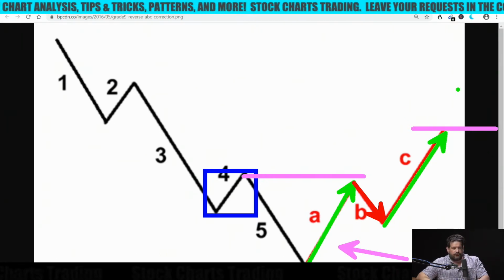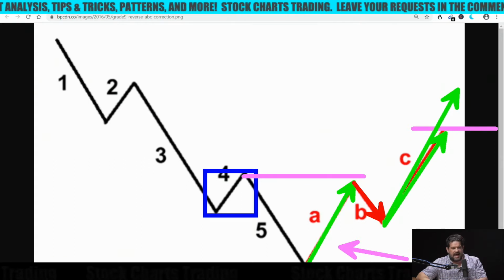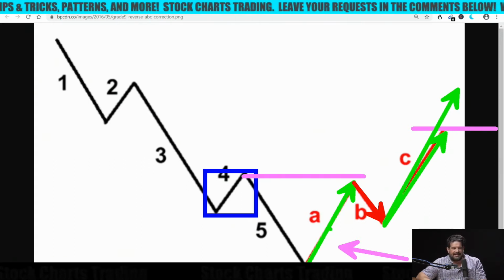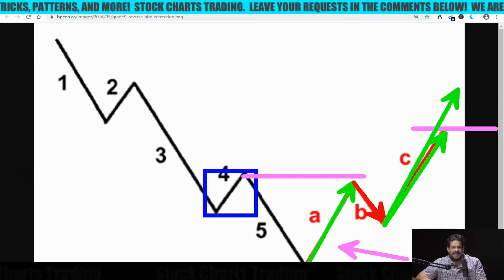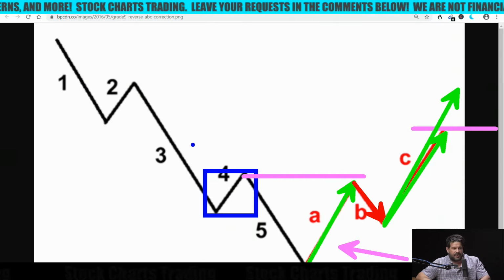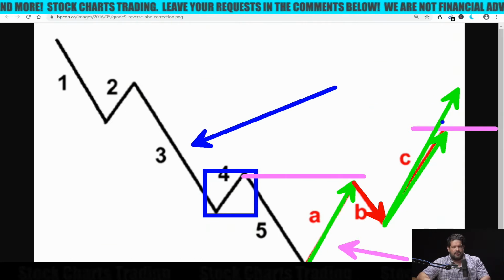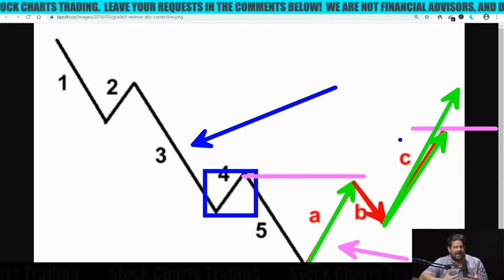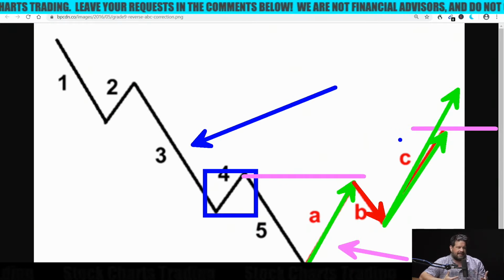If price goes higher and does not stop at that resistance line, which is made from the A leg duplicating up for the C leg, then what do you have? You have this back here: a three leg going in. And that's how you can consider the difference between an ABC pattern and an Elliott Wave pattern.